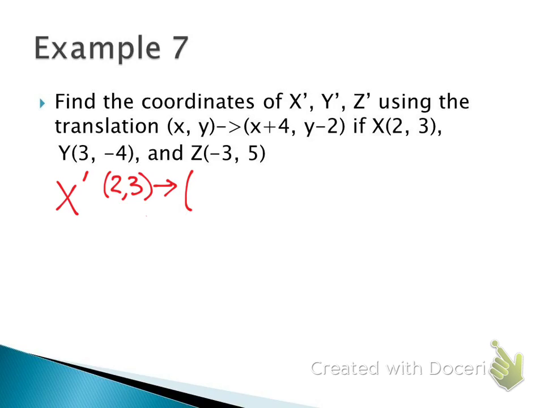What's my x value? 2. We're going to add 4 to it. Comma, what's my y value? 3, and we would subtract 2 from it. What is 2 plus 4? 6. And what is 3 minus 2? 1. So that is where x prime would be.